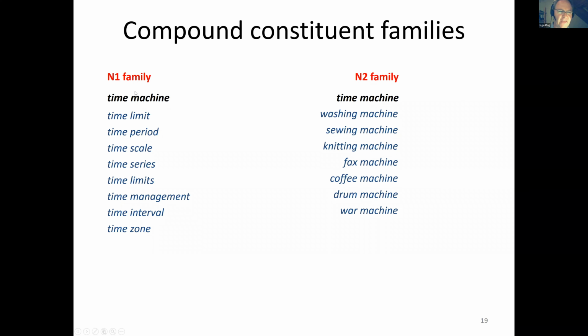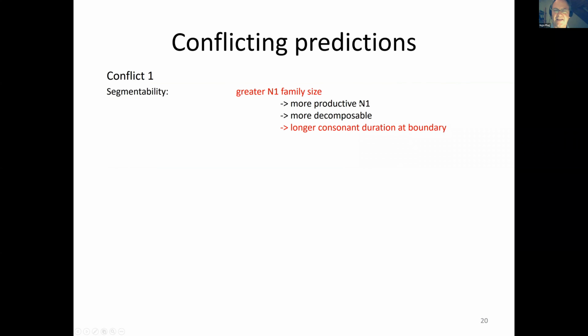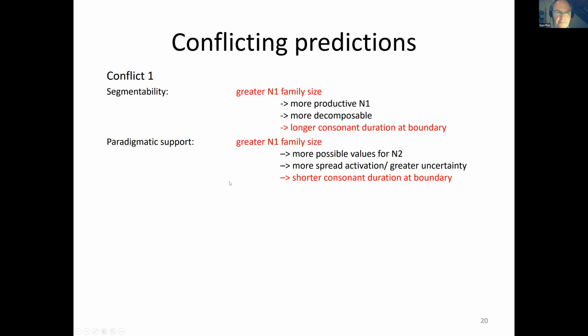So if N1 family size is very high, you have tons of compounds with the first element time, for instance. Then what does that mean? Then N1 is highly productive, and that means that these compounds are easily decomposable. And that then would lead to longer consonant duration, according to people who believe in segmentability.